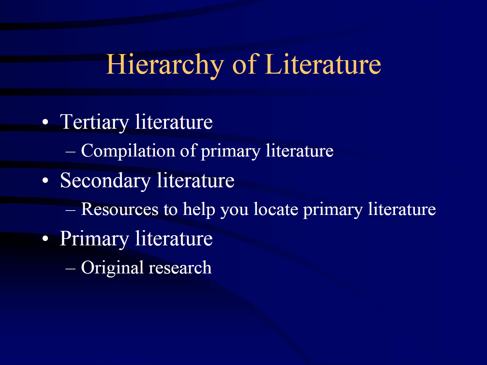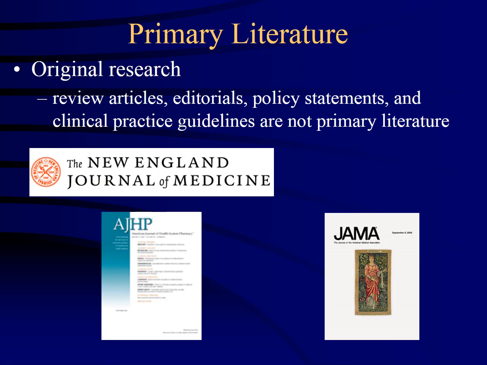A user must know the strengths and limitations of each and how to effectively use each to answer drug information questions efficiently. Primary literature consists of published or unpublished works of original research and new discoveries that introduce new knowledge or enhance existing knowledge.